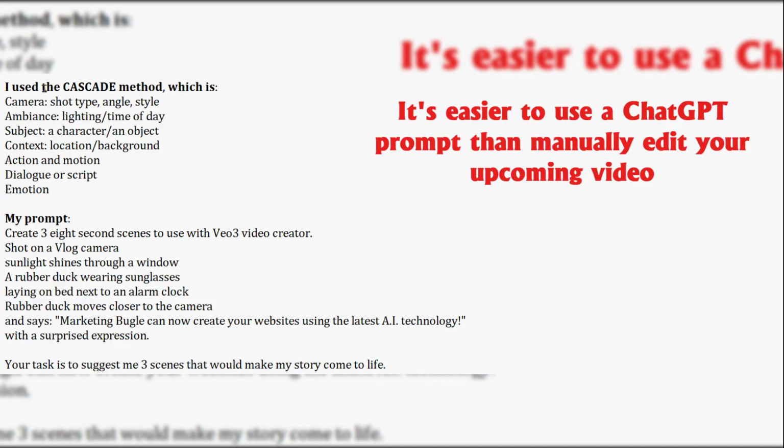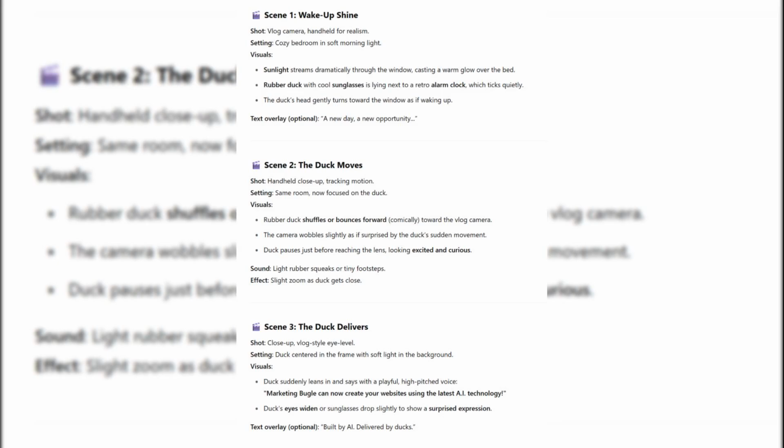And I say to the AI, your task is to suggest me 3 scenes that would make my story come to life. So this is the prompt that it gave me. You've just seen how I submitted it into Canva. Well, it labels it scene 1 and it gives you all the headings like shot, setting, visuals, text overlay optional, things like that.